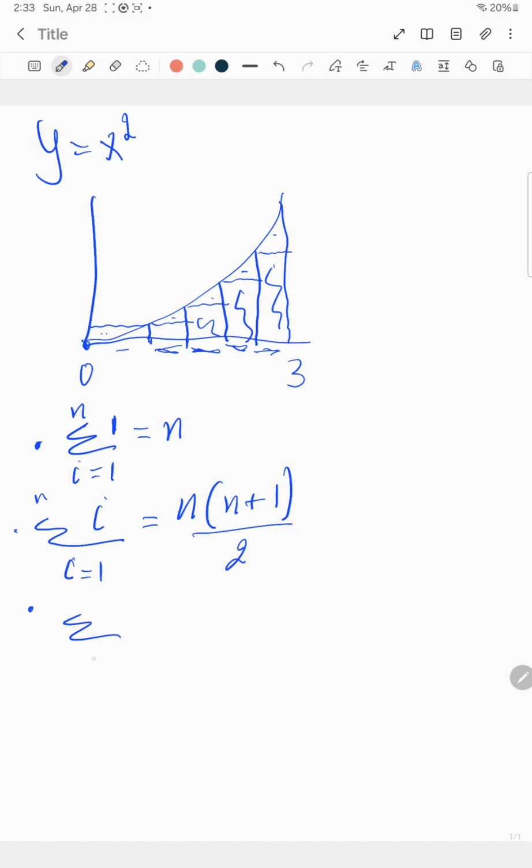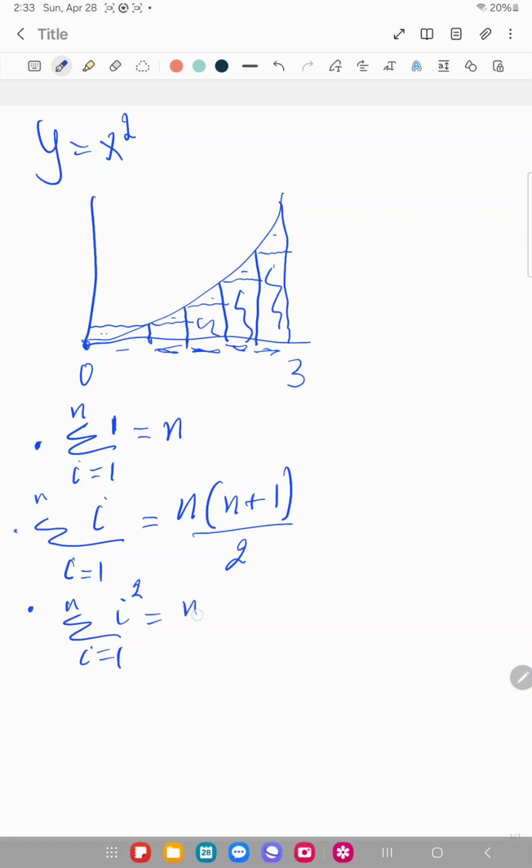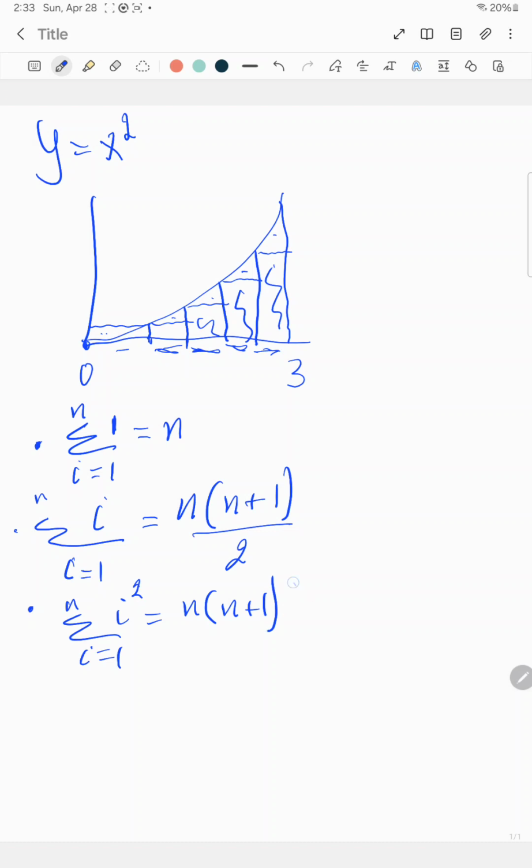The third formula, the sum i equal 1 to n of i², is equal to n times n plus 1 times 2n plus 1, and all that divided by 6. And here you see the n that is here is the n that is there.